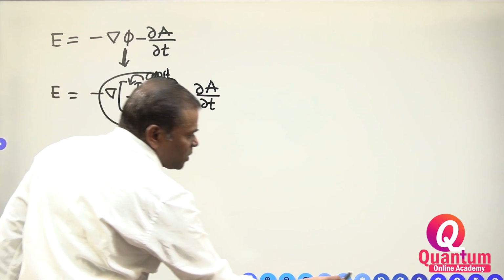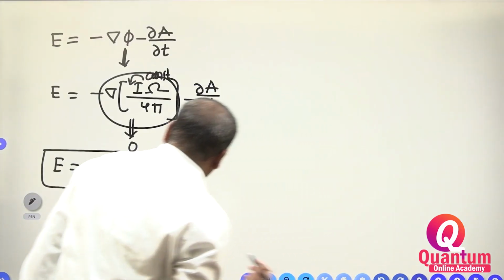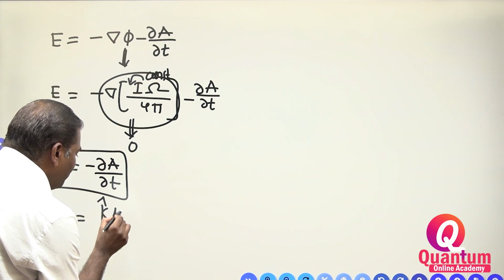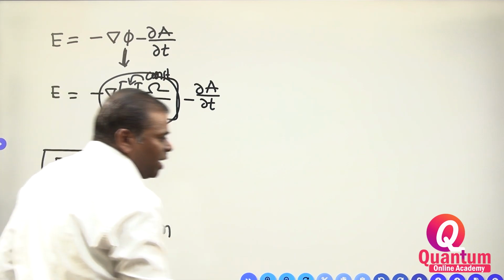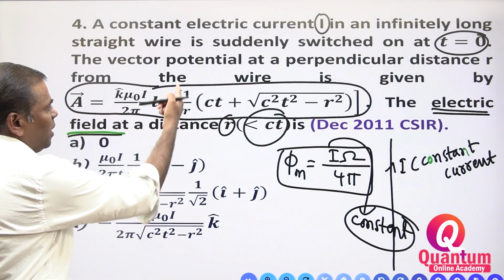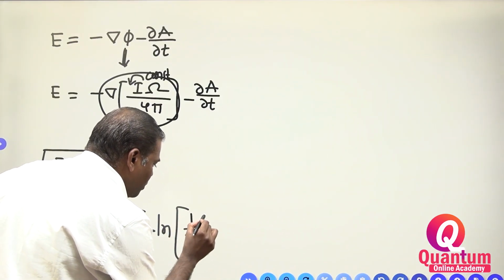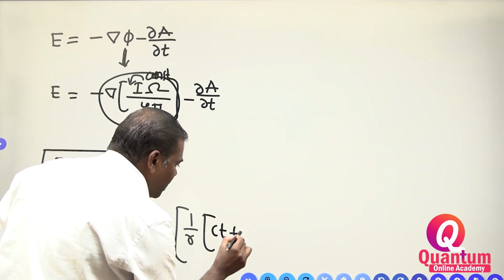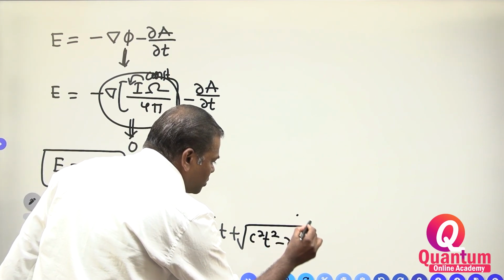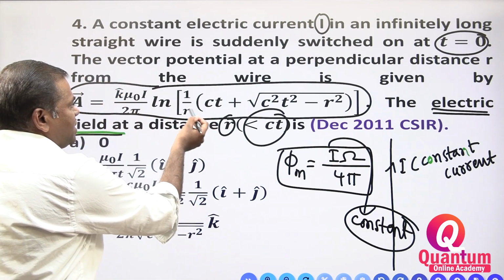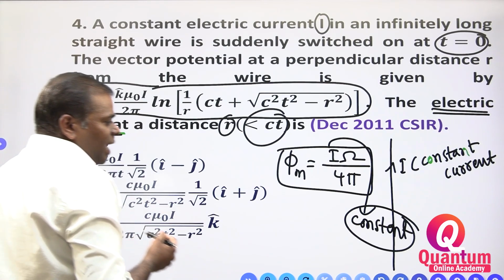A = k̂ μ₀I/2π ln[(1/r)(ct + √(c²t² - r²))]. This is the value they are giving.